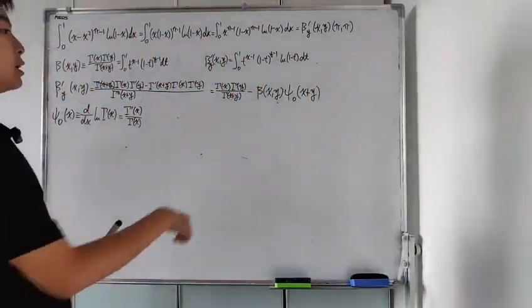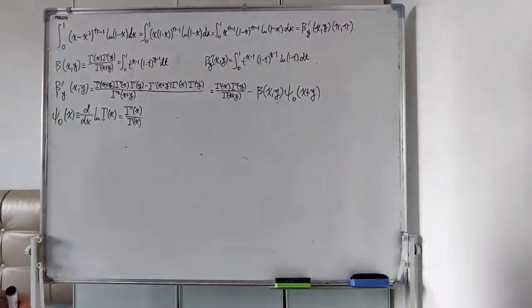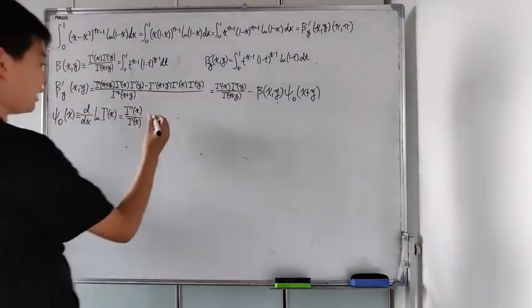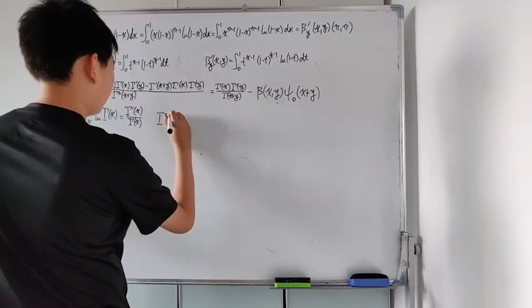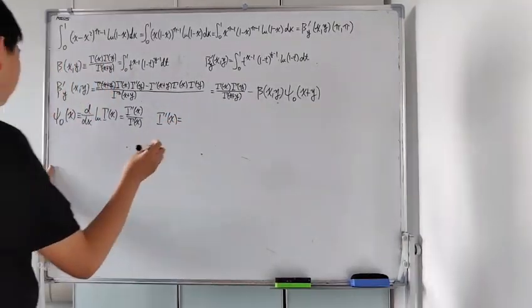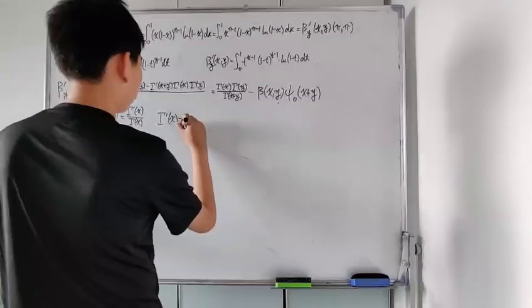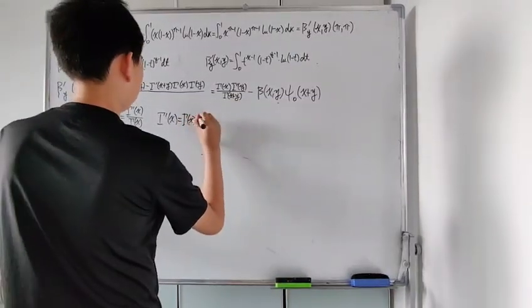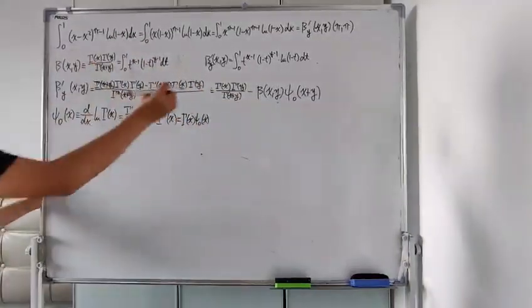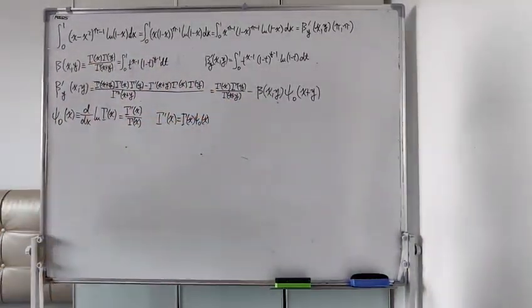And now we're going to look back at this first term. If we look at this and this only, you're going to find that gamma prime of some variable x is going to be equal to gamma x times digamma x. Very cool. So now we can plug y into this one.